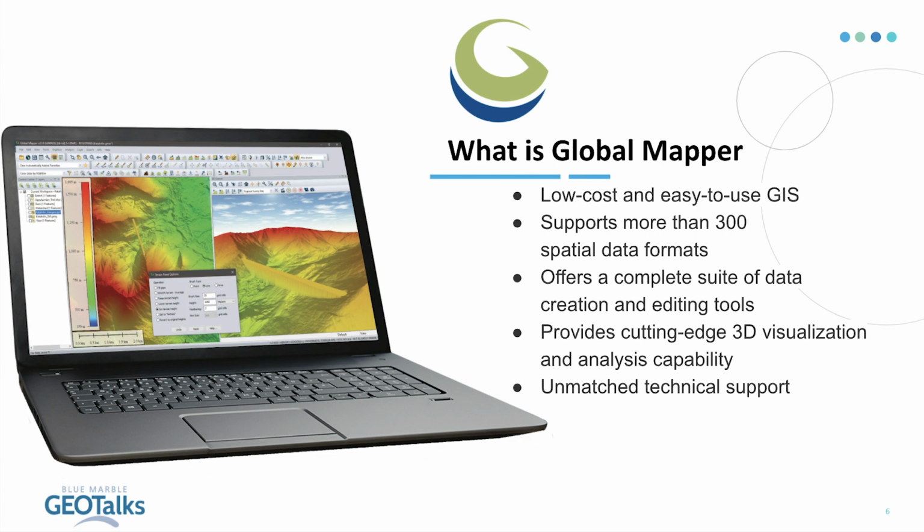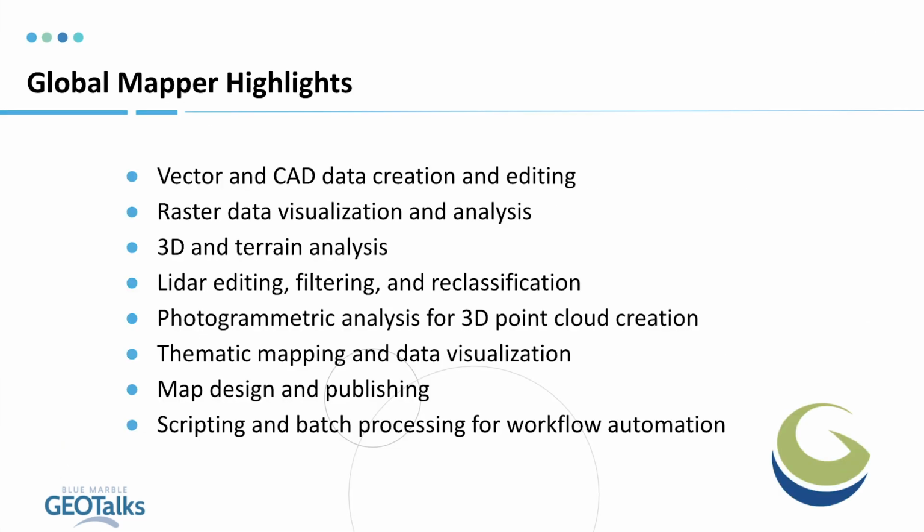But we also have a lot of analysis tools, including 3D visualization, as well as analysis. We're also really well known for our technical support, a pretty easy to use, low cost GIS solution. Just a little overview of some of the types of things that you can do, working with vector and CAD data. With raster data, we can look at image analysis, doing band math and visualizing false color imagery, that type of analysis.